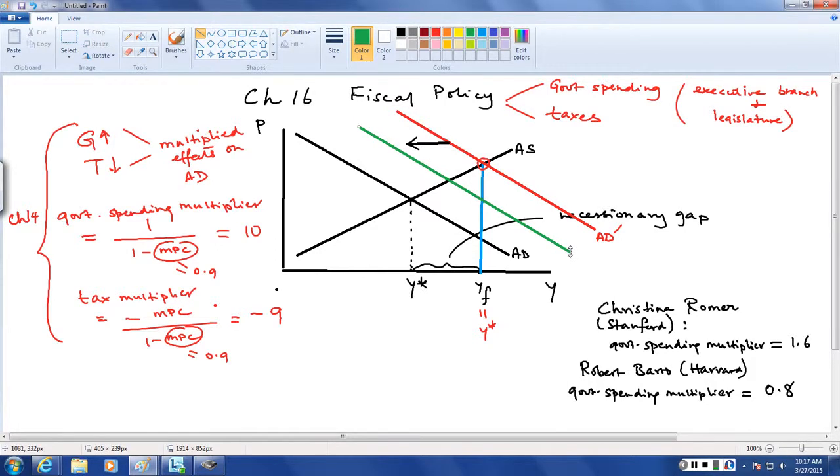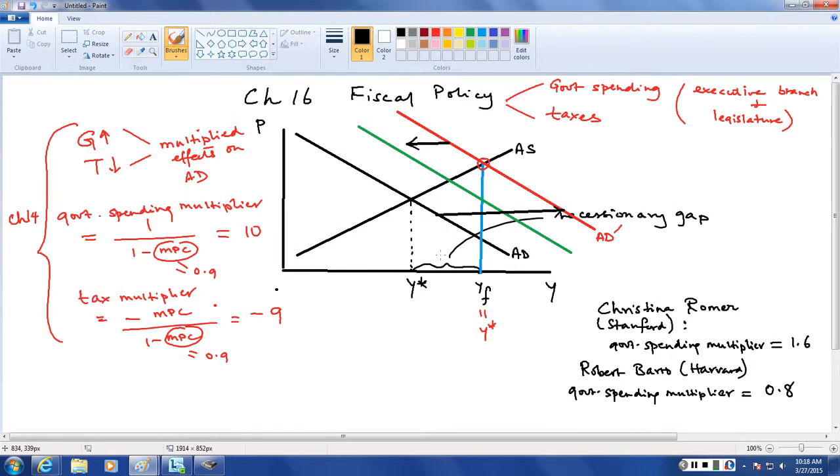Am I making sense here? You can think of this in basically two stages. The government increases its spending. According to the government spending multiplier, this will result in a rightward shift like this, from the black to the red. But then there'd be a shift back leftwards from the red to the green. So in the end, the net effect of this is going to be a movement from black to green.